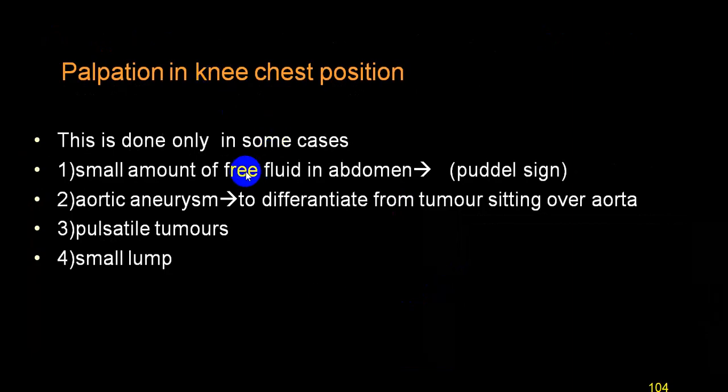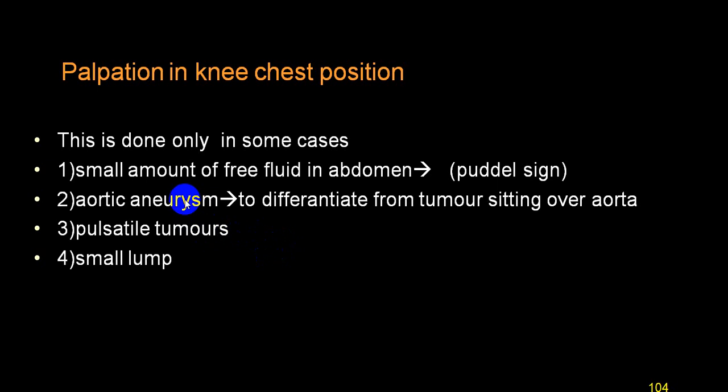Knee chest position is mainly utilized for the Pezzi sign or to differentiate aortic aneurysm pulsation or pulsatile tumors, or a small lump which is sitting on top of the abdominal aorta. So that will be separated, the pulsation will disappear.